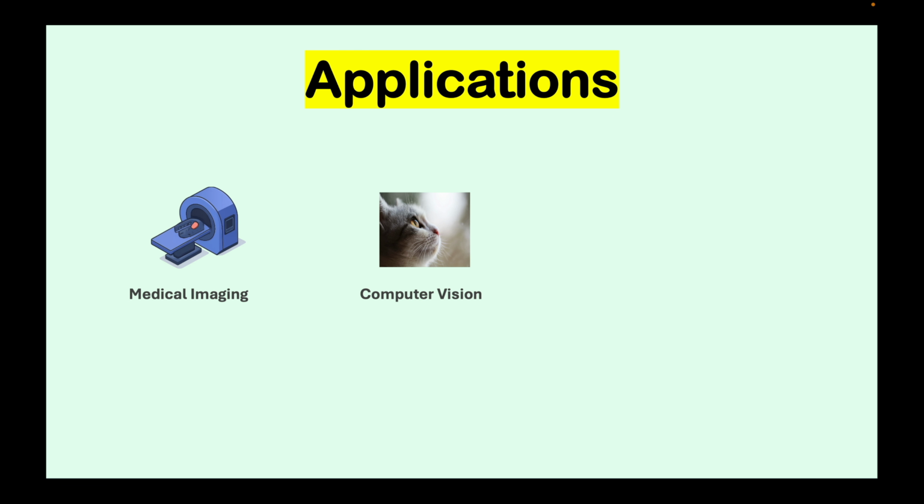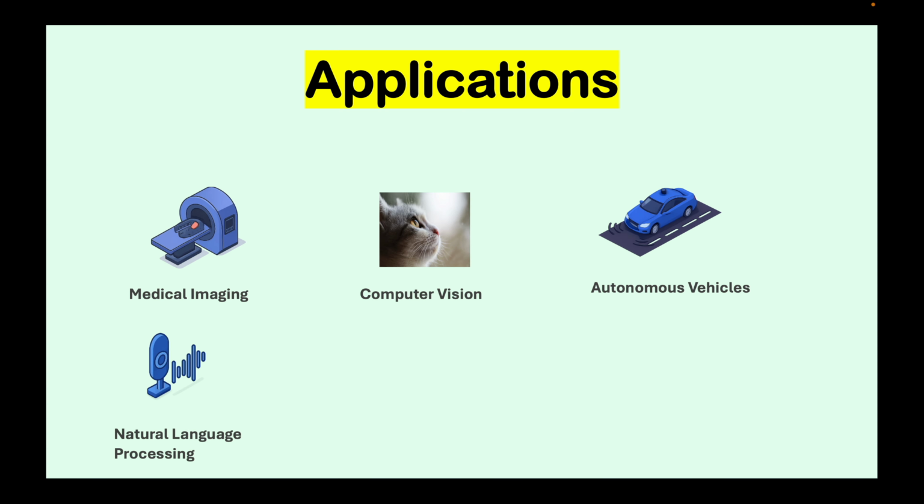Applications. Transfer learning is used across many industries. In medical imaging, such as detecting diseases in MRI and X-ray scans using models pre-trained on regular photographs. In computer vision, such as object detection, facial recognition, satellite imagery, and so on. In autonomous vehicles, like recognizing pedestrians, traffic signs, and road hurdles.